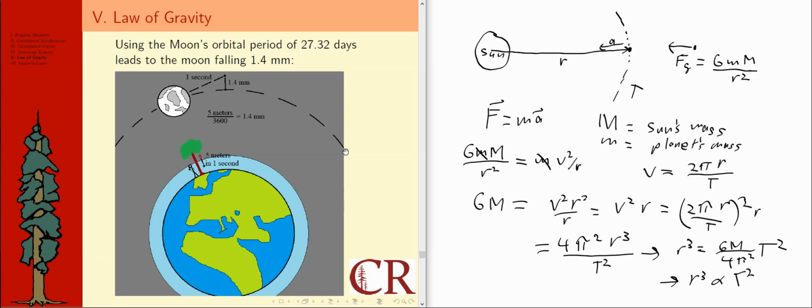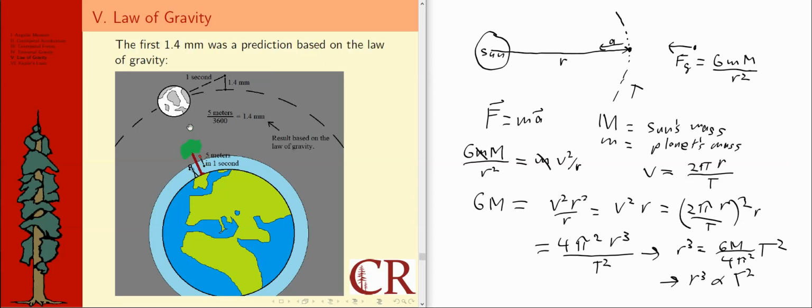I'm not showing all the details of that calculation, but basically, you need more information than I've shown there. You also would need to know the actual orbital radius of the moon. But from all of that, you can calculate an observed value right here. So this second 1.4 millimeters is based on observations of what the moon actually does. This first is based on theory from what we know apples do near the Earth.